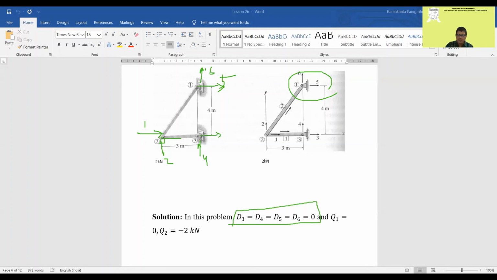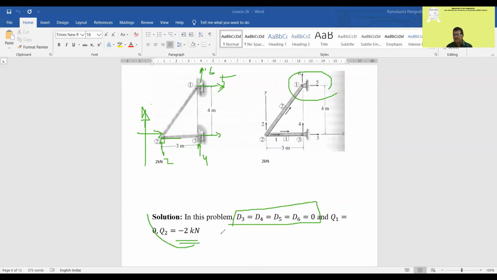What is the force applied in direction 1? 0. The force applied in direction 2 is -2, because vertical force upward is taken plus, so downward is minus. So this is the situation of this problem. The matrix is K delta equals P. D3, D4, D5, D6 are 0.